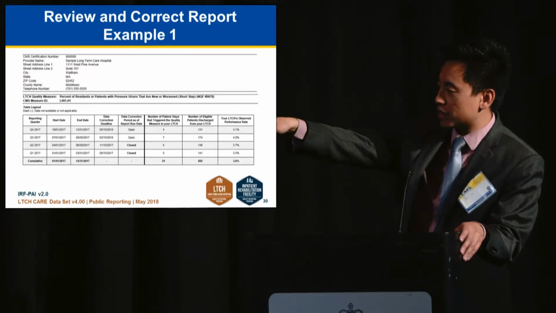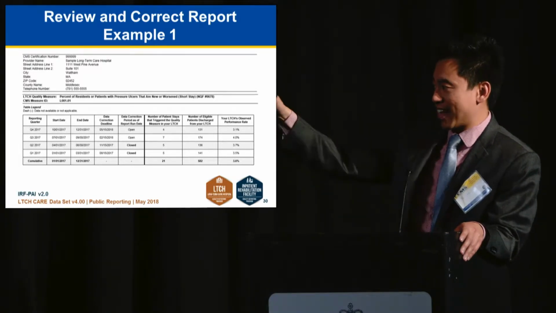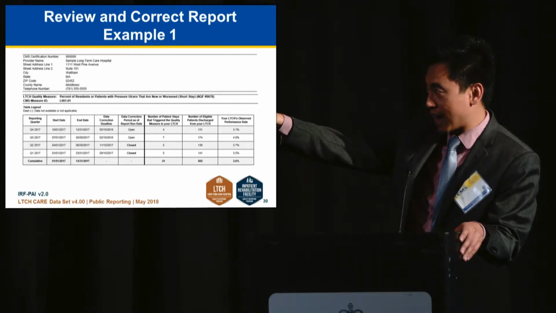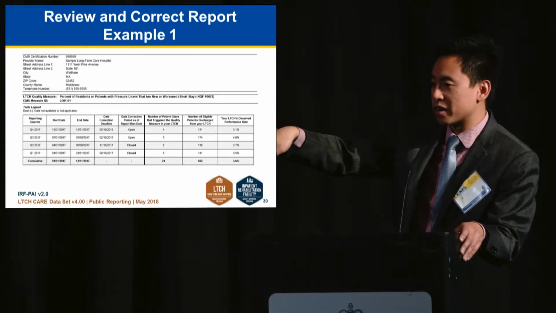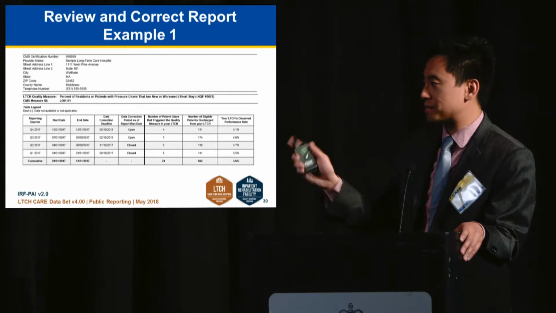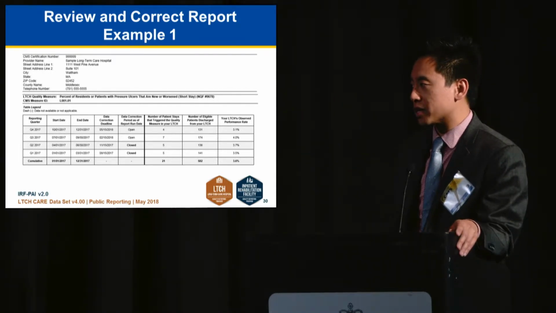And then you have your cumulative rate below. Remember, the cumulative rate is not the average of the 4 quarters, but it's the aggregate. So you have to add up the numerators, add up the denominators, and then divide to get the observed rate for the full year.